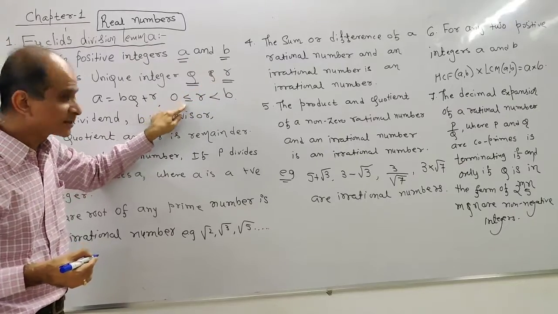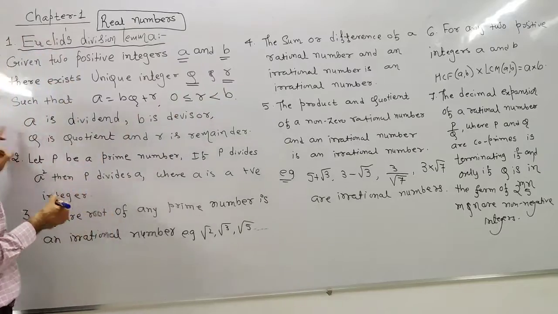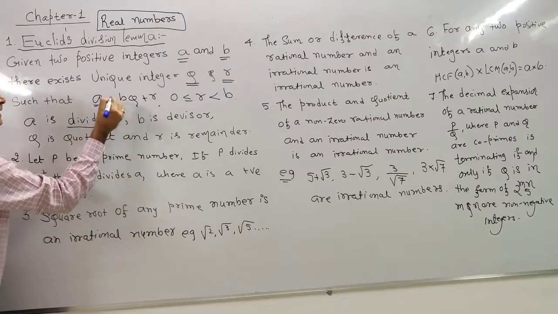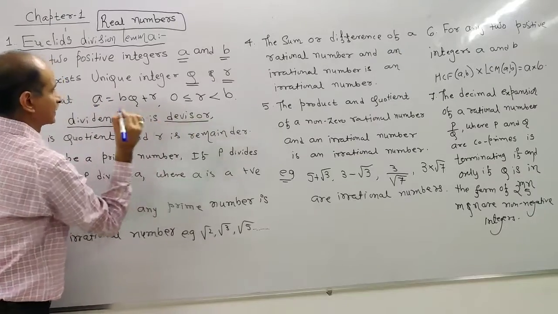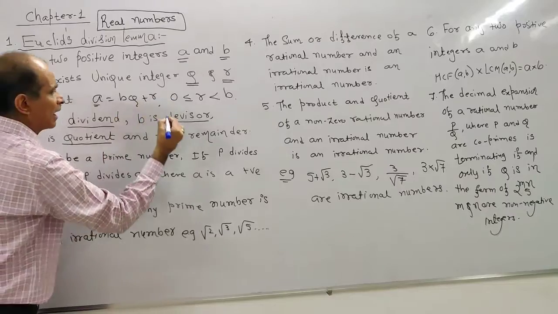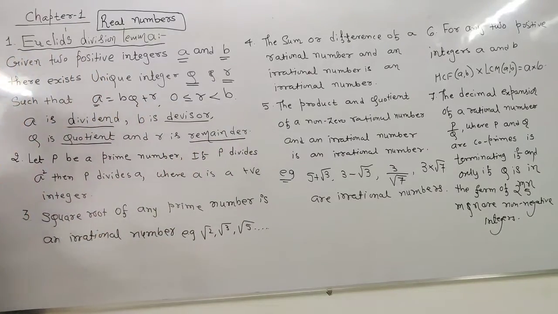Here 0 less than or equal to R less than B. Where A is known as dividend, B is known as divisor, Q is known as quotient and R is known as remainder.